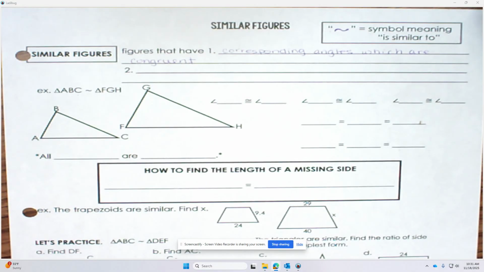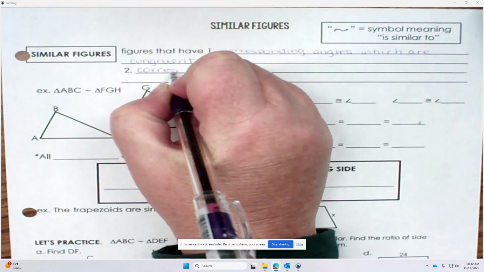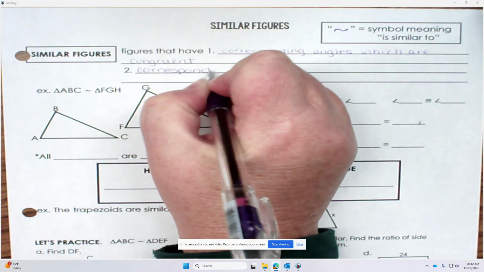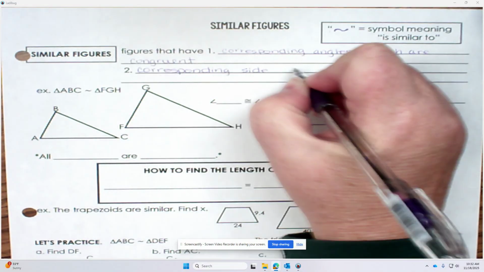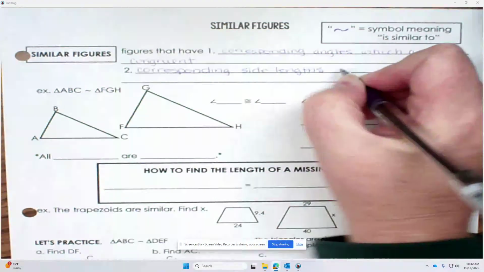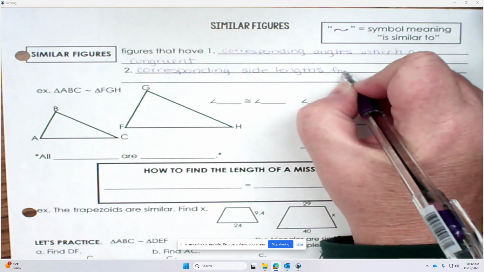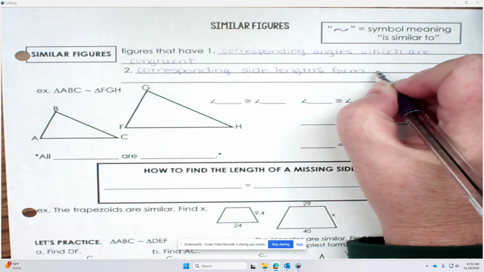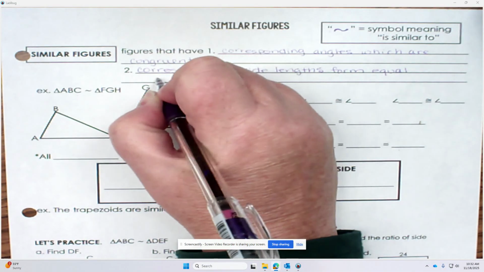Okay. The second criteria for similar figures to be similar is that corresponding side lengths form equal ratios.